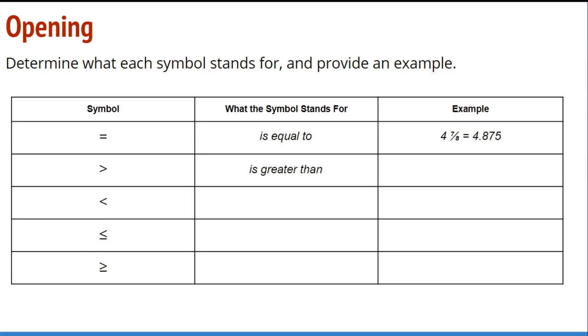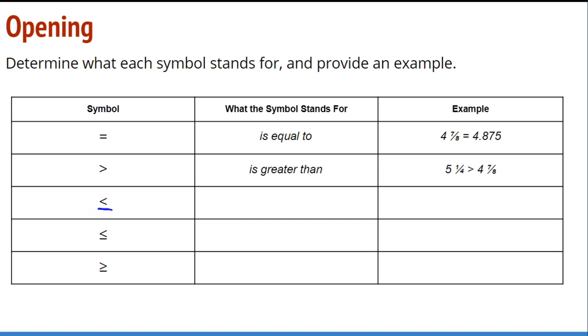This is a greater than symbol. Notice that it is open on the left-hand side. And we use that when we are comparing, and our first item that is compared is of greater value than our second item. 5 1/4 is greater than 4 7/8.